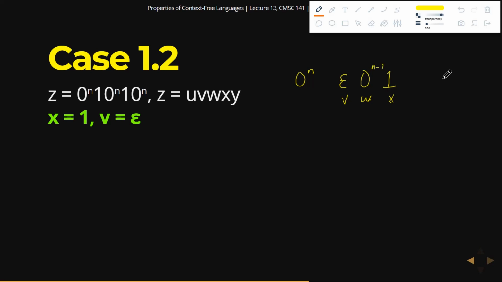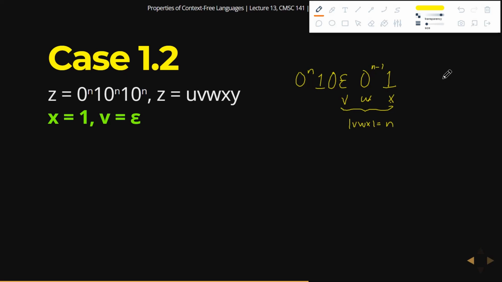Yeah, only n minus 1 because then the length of this vwx is equal to n minus 1 plus 1. That would be n, which is okay. So what would be the u? Well, since this one is lacking a 0, there should be a 0 here and a 1 here.